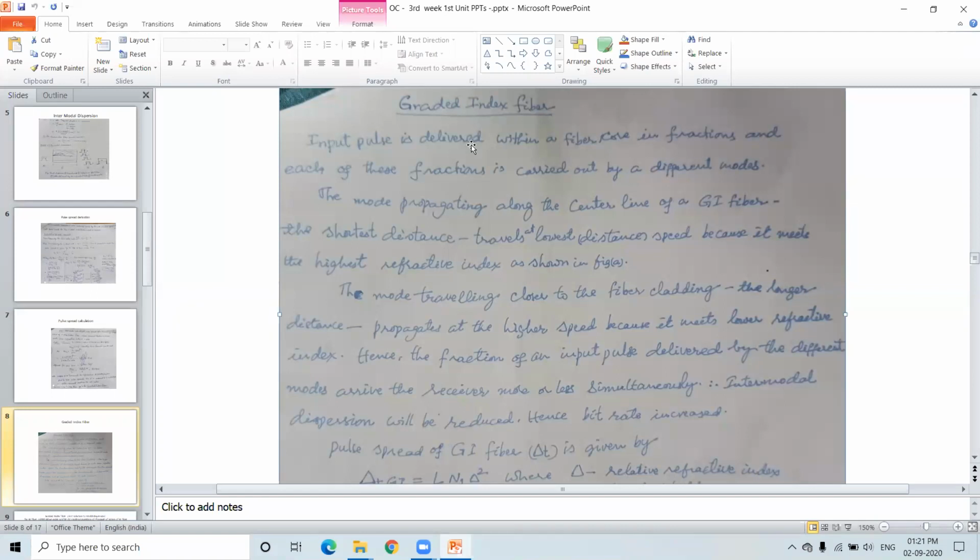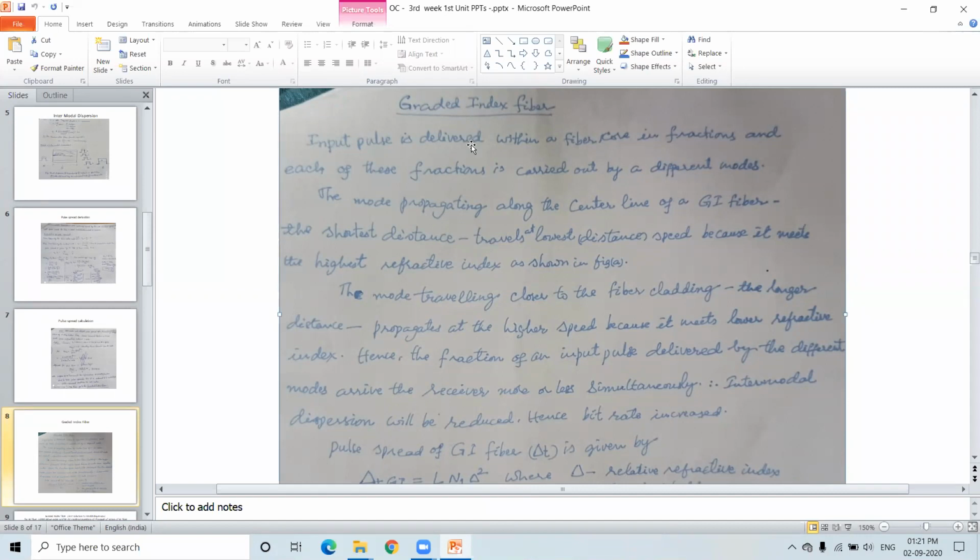Then obviously, if the refractive index is more, velocity is less. Right? V equal to C by N, where N is the refractive index.